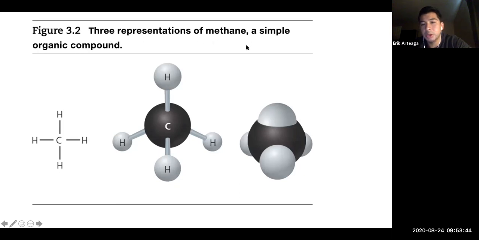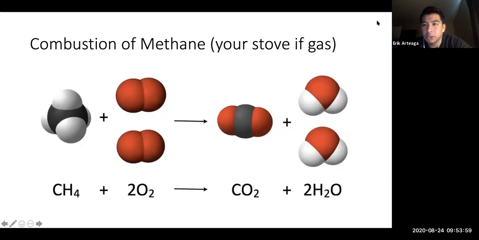So, 3 representations of methane, a simple organic compound. Methane is just carbon bound with 4 hydrogens. And methane is what we use to burn in the stove. This combustion: you have CH4 plus two oxygens, and flame or heat will ignite, and then you have carbon dioxide and two water molecules.